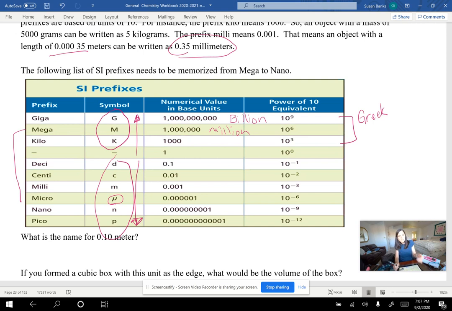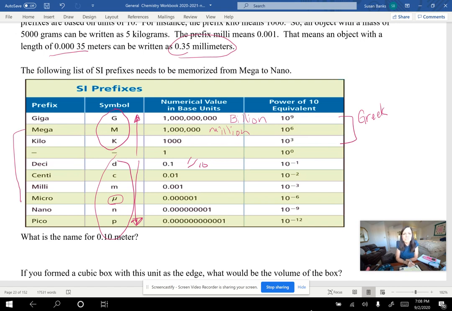Okay? And then let's talk about the smaller ones. So deci means 1/10. So I could say 1 divided by 10 or 10 to the negative 1. Centi. Let's think about the Latin here. Deci, decade. Decade is 10 years. So deci would be 1/10. Centi.